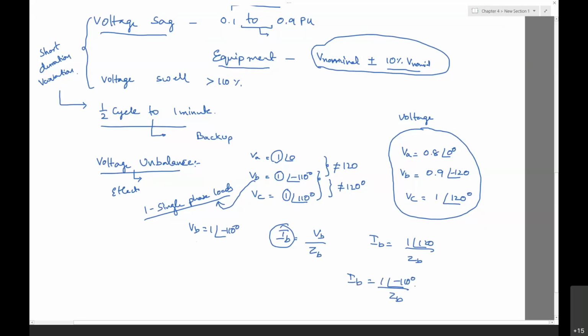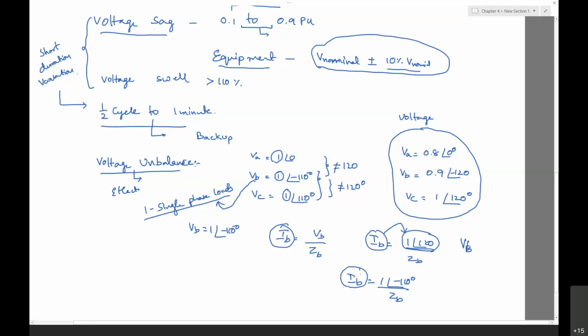The phase angle is with respect to the VB phase. Whatever the IB currents are, they are going to reflect with respect to the VB voltage, and the required current is going to flow.